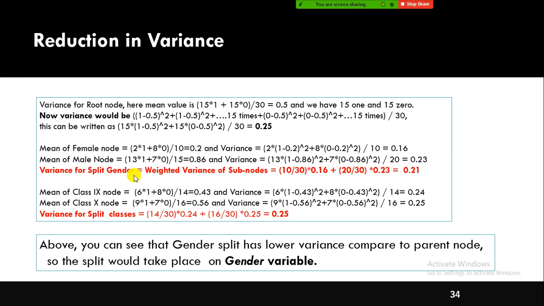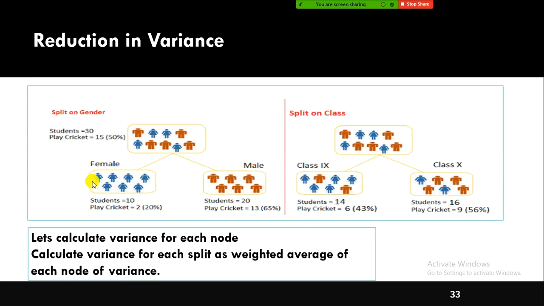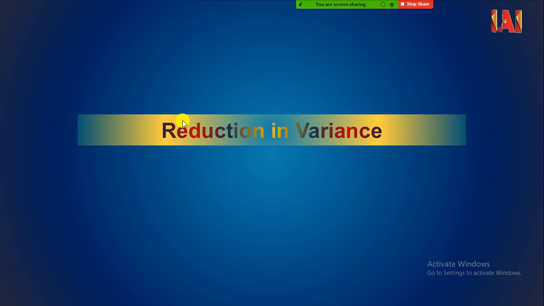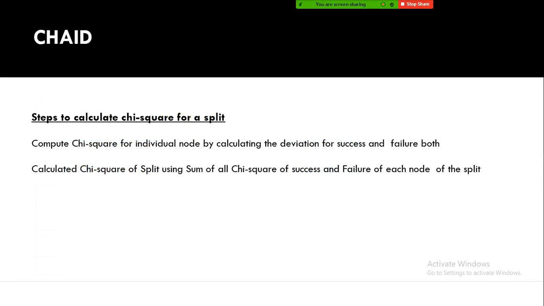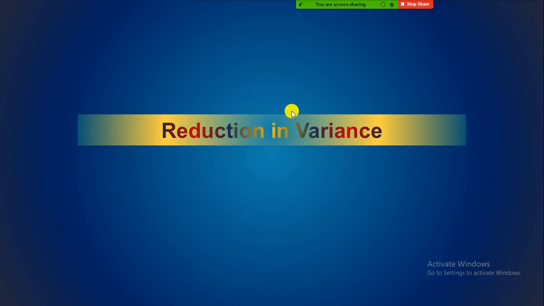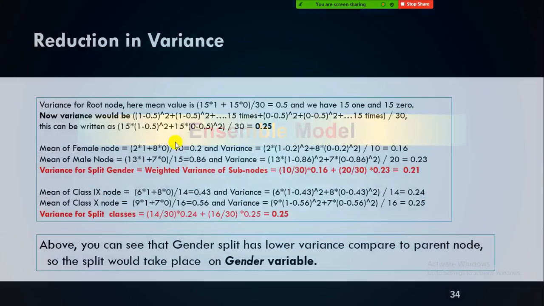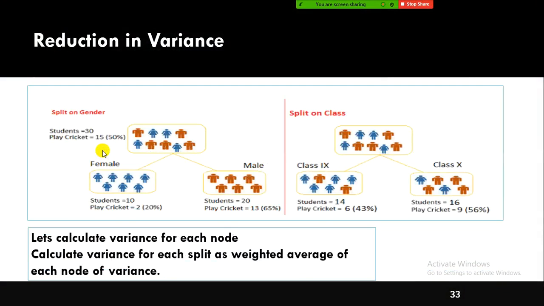Next, let's look at the gender node and the class node. This is the overall thing, related to this one. 30 students are there, right? And in the gender column, if you look at it, male and female.